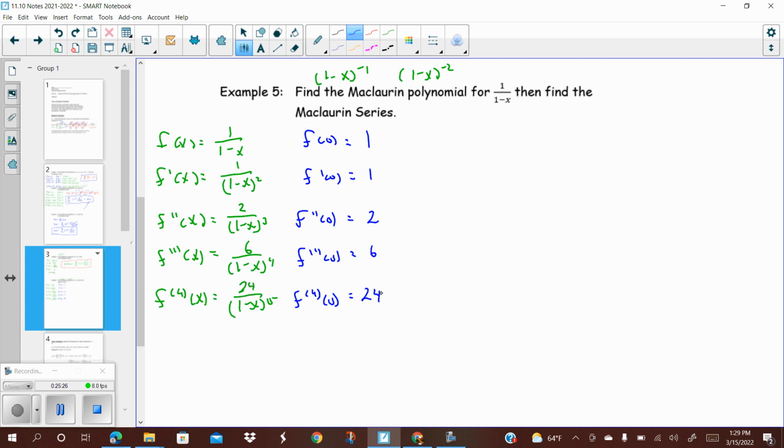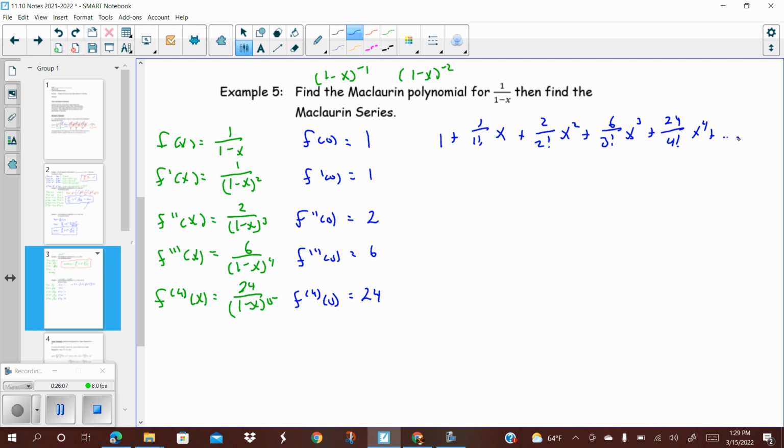So writing these polynomials out, we have to start developing this pattern. So let's see. We're going to get the first term, which is 1, plus first derivative over 1 factorial x to the first power, plus second derivative over 2 factorial x squared, plus third derivative over 3 factorial x cubed, plus fourth derivative over 4 factorial x to the fourth, and so on.